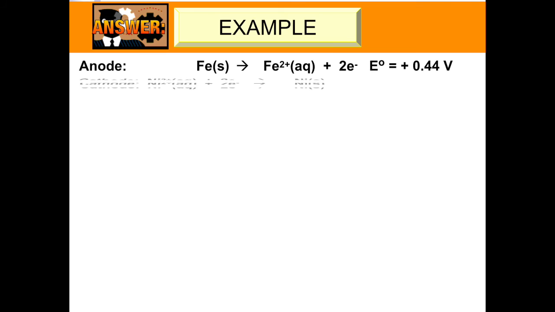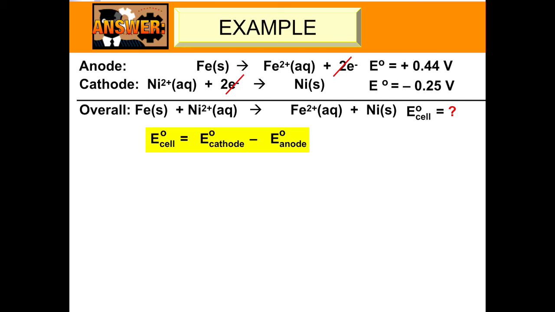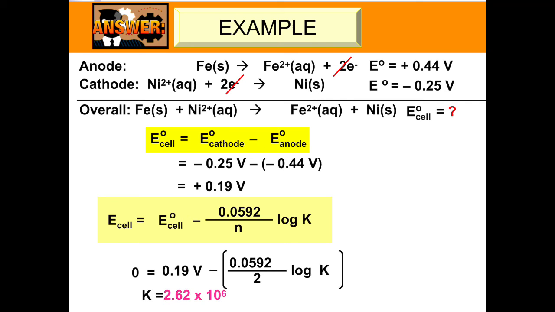And then the equation at cathode, and we find the value of standard cell potential using the usual formula, and we get positive 0.19 volt. And by using the formula for Nernst equation, where E cell is 0 and the expression Q can be replaced by K, we will get the value of K.